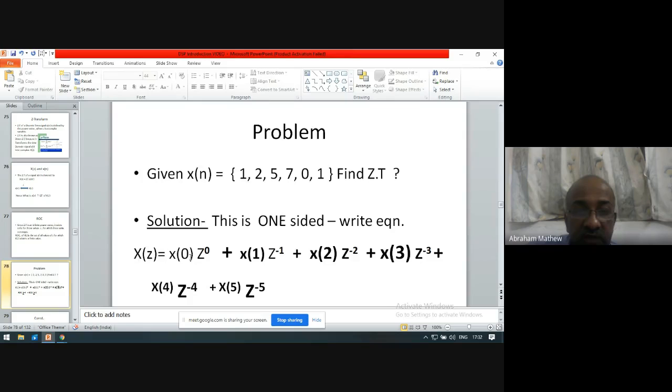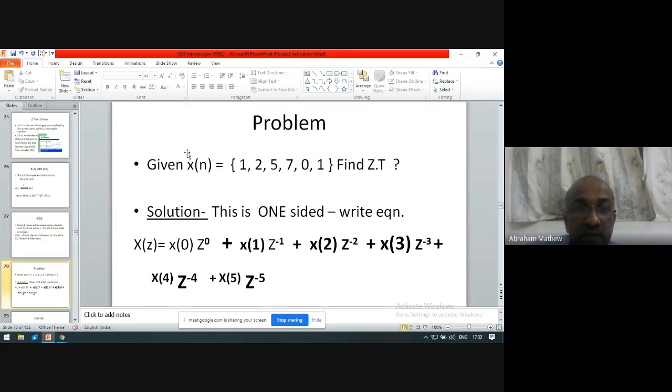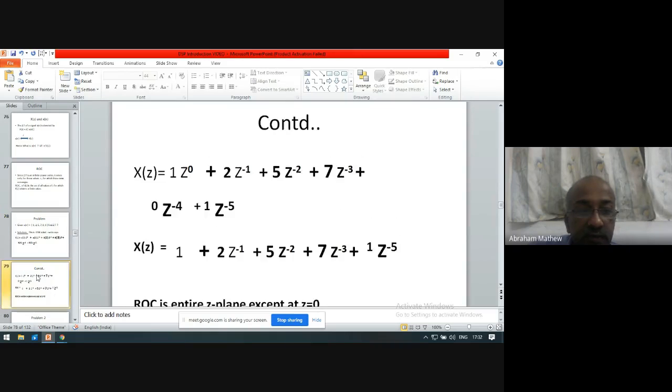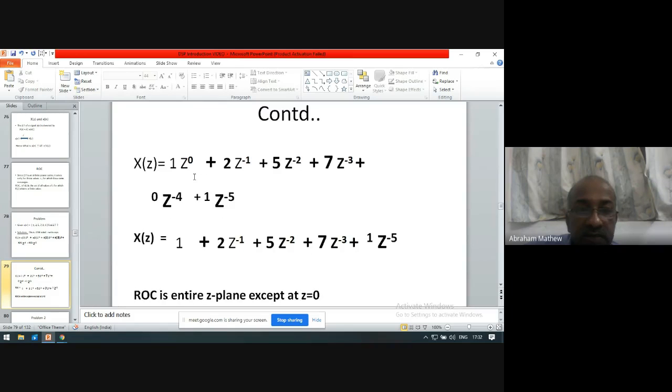Now in place of x of 0 you can substitute 1 from the given data. X of 1 is 2, x of 2 is 5, x of 3 is 7, x of 4 is 0 and x of 5 is equal to 1. When we apply this, we can further simplify it and write our x of z as 1 plus 2 z power minus 1 plus 5 z power minus 2 plus 7 z power minus 3 plus 1 into z power minus 5.